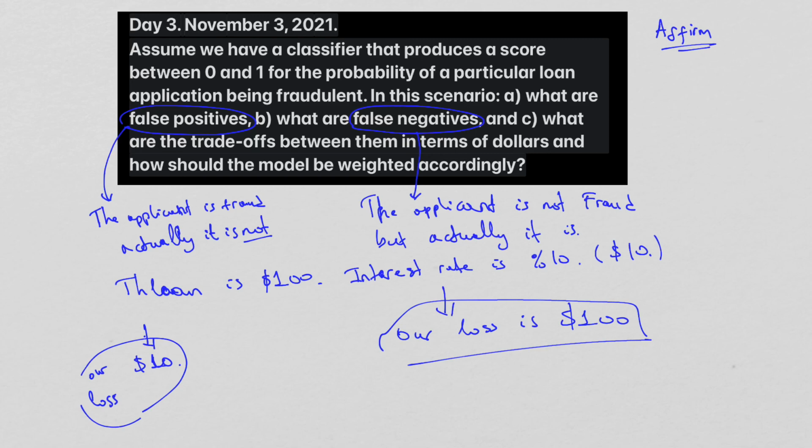Because in here 10 false positives is equal to 1 false negative.